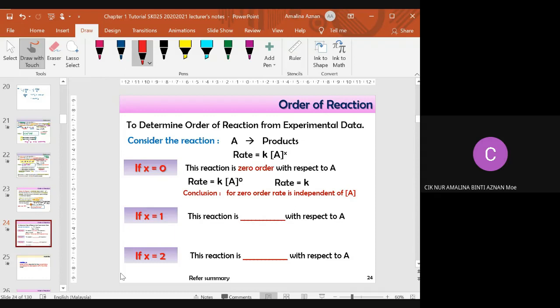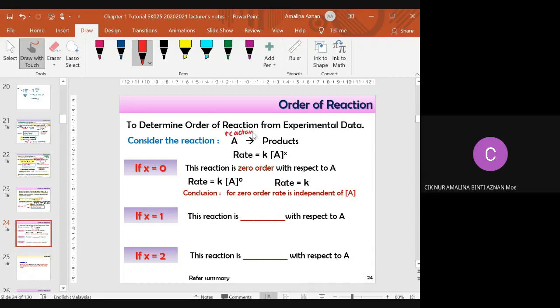For zero order, when the question says the reaction is zero order with respect to, for example, A, A is your reactant.